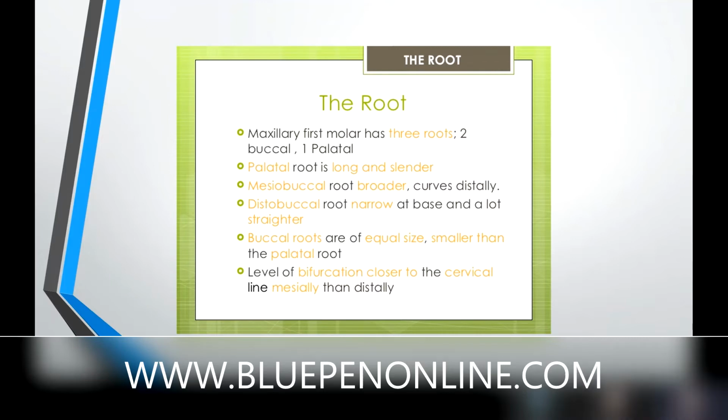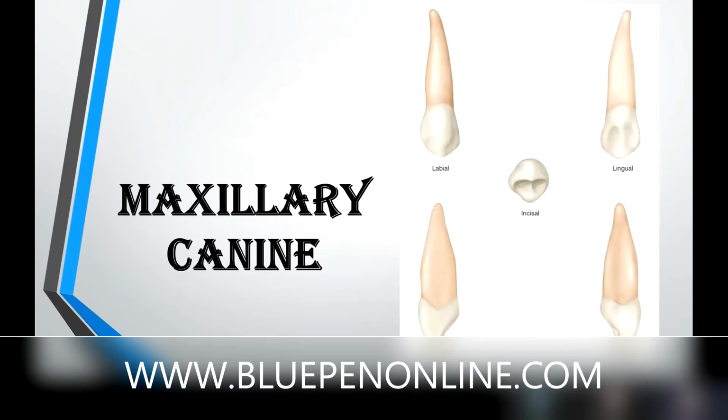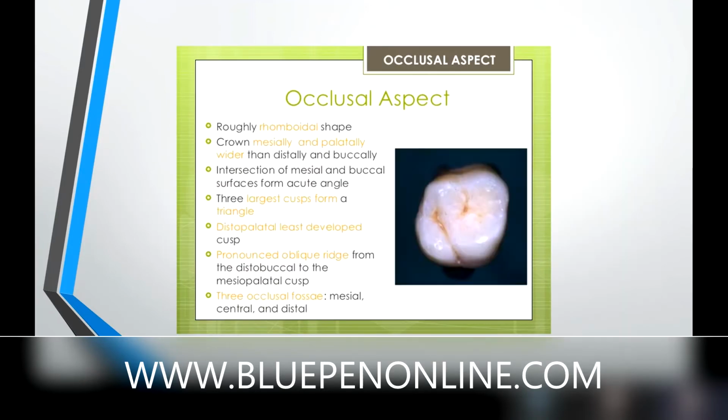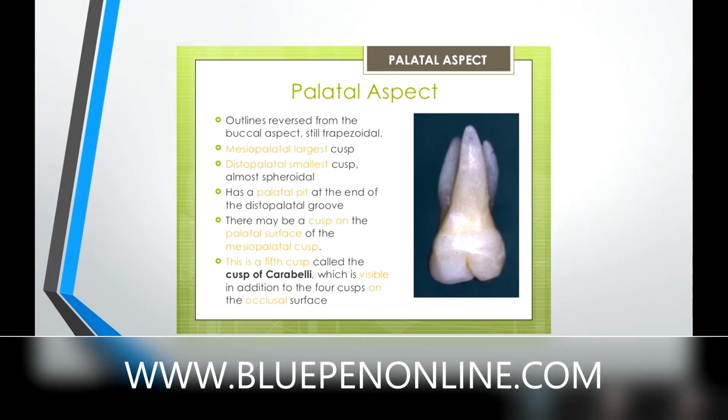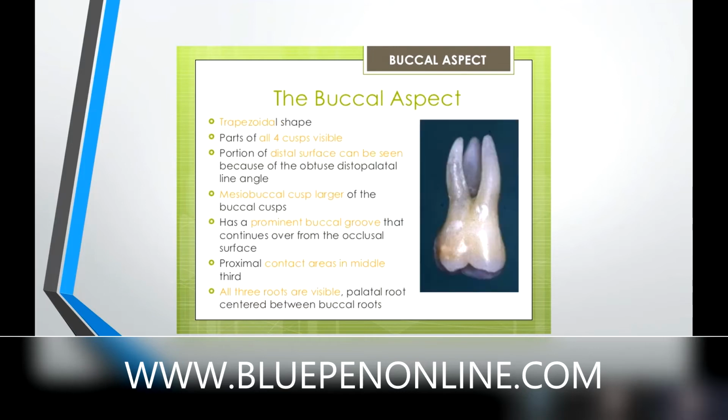Palatal root is longer and slender. Mesiobuccal root is broader and curves distally. Distobuccal root is narrow at the base and a lot straighter. So in the buccal, there are two roots: one root curves, one root goes straight.